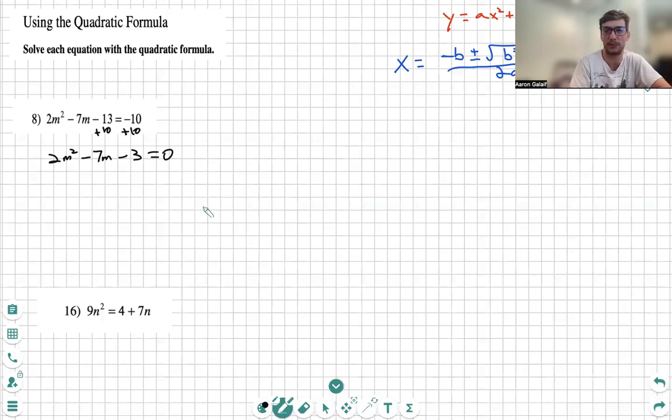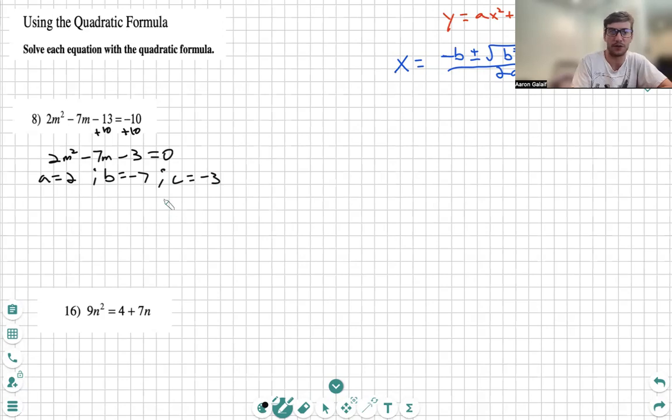It's not going to be possible. So what we need to do is find a way to solve this using the quadratic formula. So first we're going to write it all out. A equals 2, B equals negative 7, and C equals negative 3.